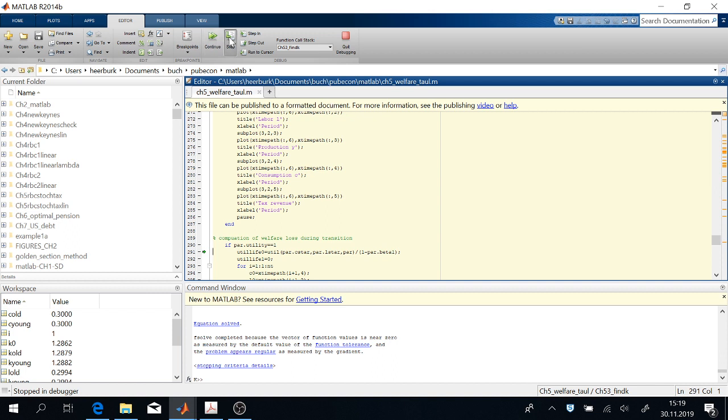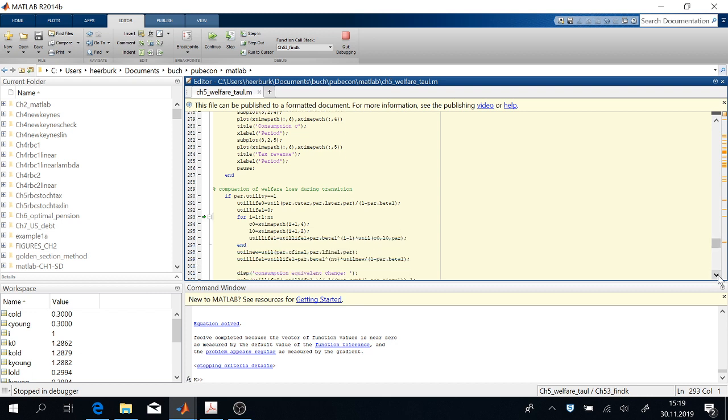For the case that consumption changes, we have to use the consumption and labor path for the first 40 periods that we computed. This is done in the loop between lines 933 and 297. And let's now jump to line 297.